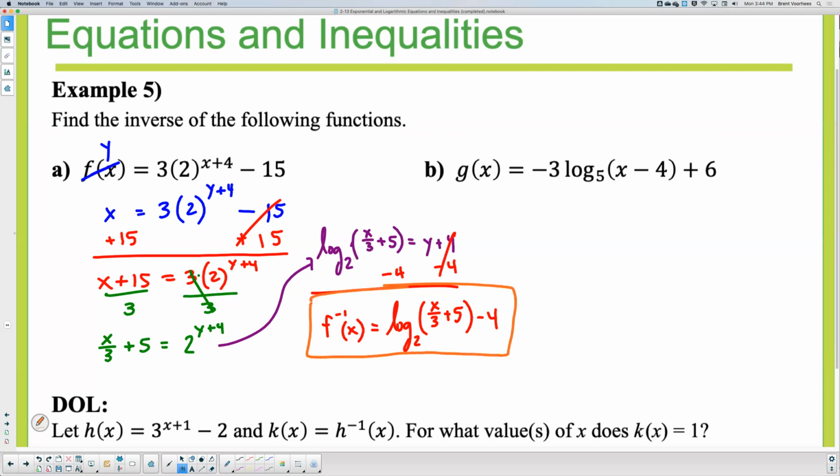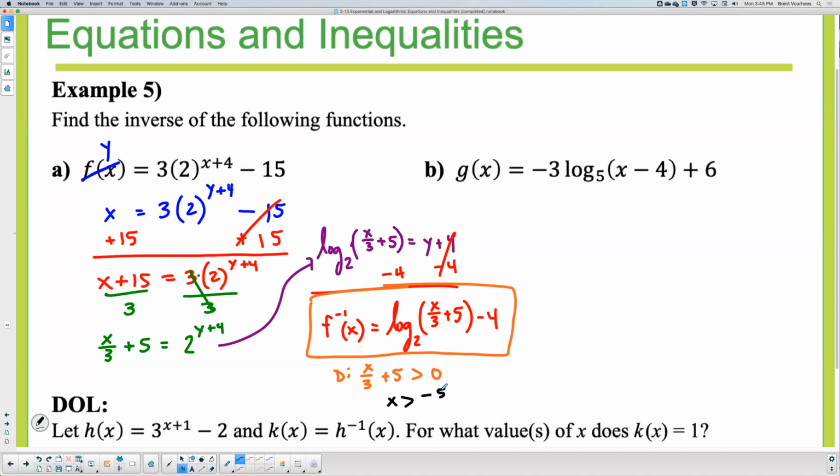And if you wanted to note the domain here, this has to be positive. So you could solve your domain by stating that x over 3 plus 5 must be greater than 0. And you could solve that quickly. You would subtract 5, and then you would multiply by 3.